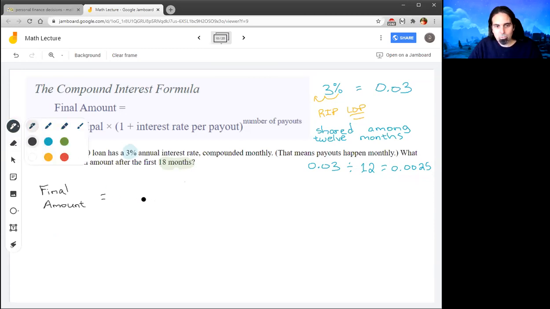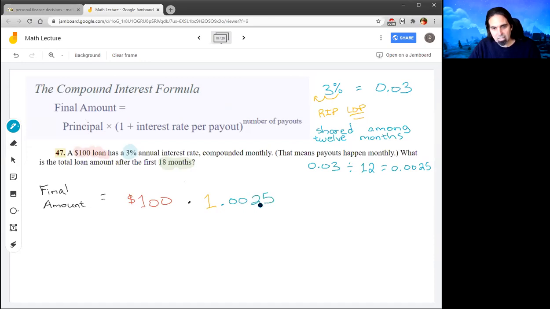Okay, so to do this right, I'm going to say that we have the $100 loan. That's our principal. We multiply that by a 1, and then the 0.0025, and then the exponent is the 18.